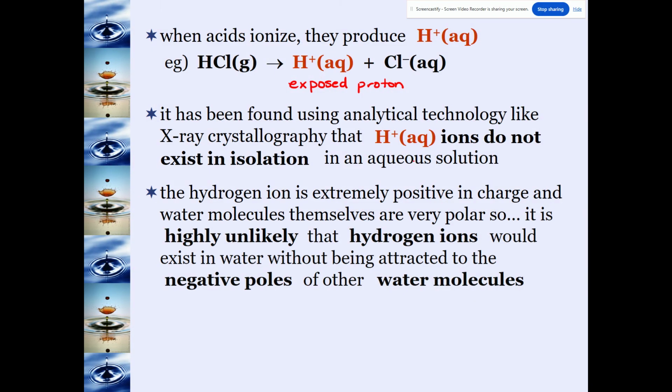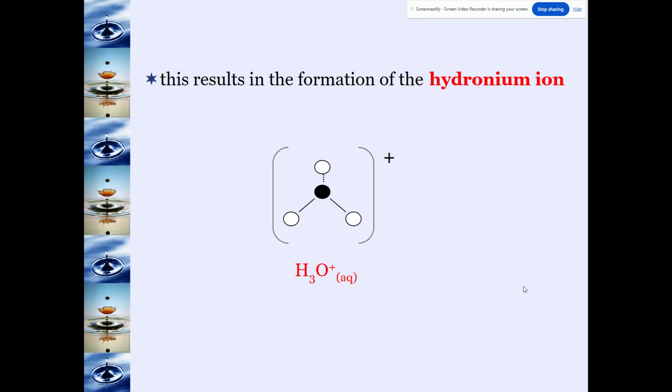So it is not going to exist by itself. It gets attracted to the negative poles of the water molecules that it's dissolved in, because these are solutions. This forms something called the hydronium ion. So instead of water being H2O, this is H3O, and it has a 1+ charge.